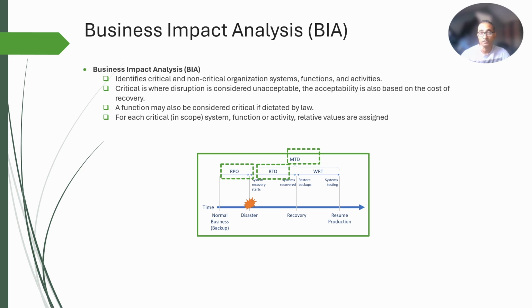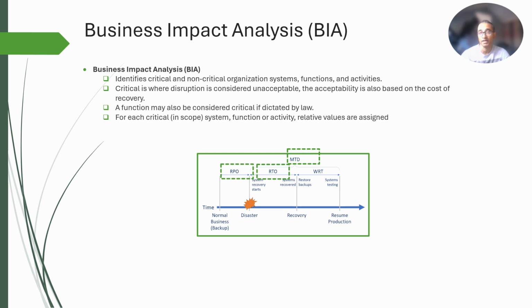For each critical system or the function or activity, the relative values are assigned. For example, within a system, a particular component is most critical, while another component, which is providing a different function or activity, may be less critical than the first component.